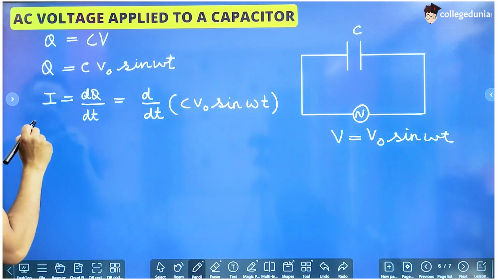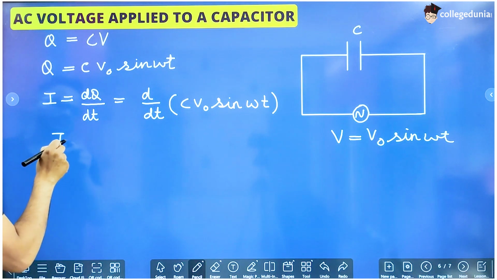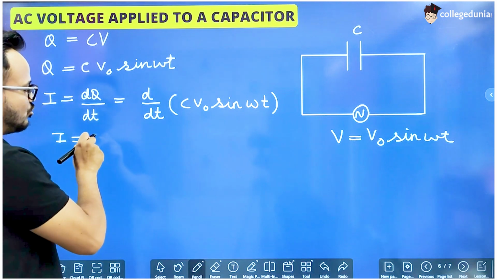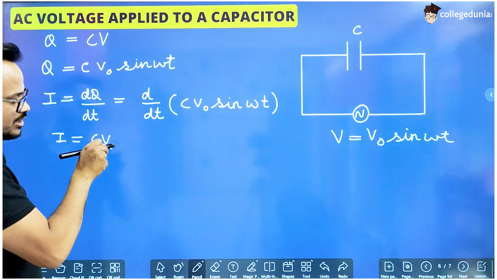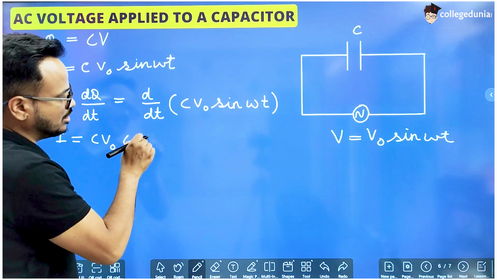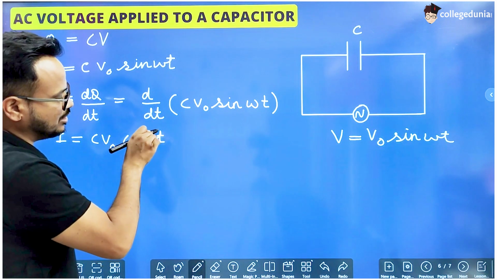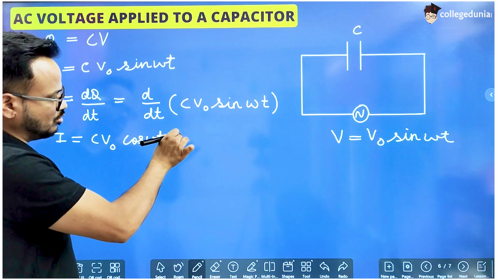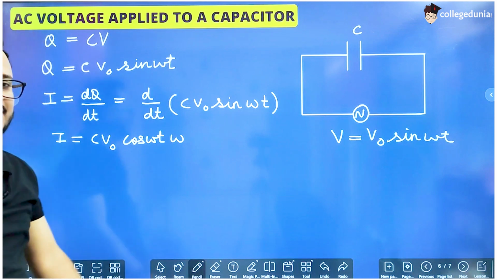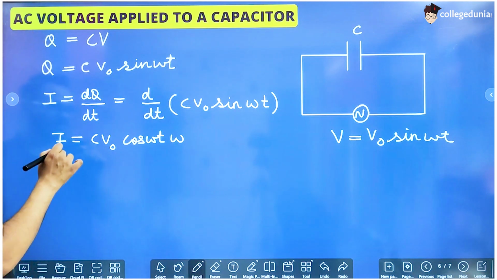CV naught is constant, so it will come outside the bracket. And what is the derivative of sine omega t? The derivative of sine omega t is cos omega t into omega, right?